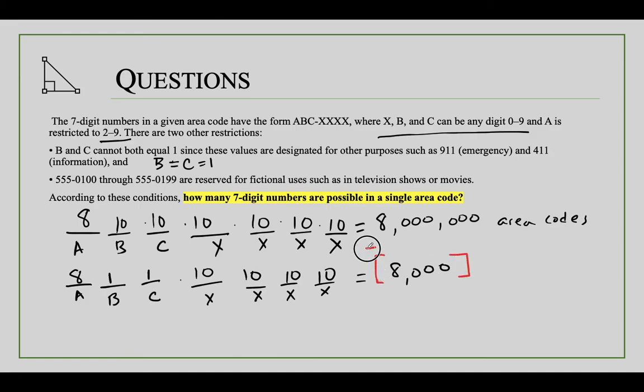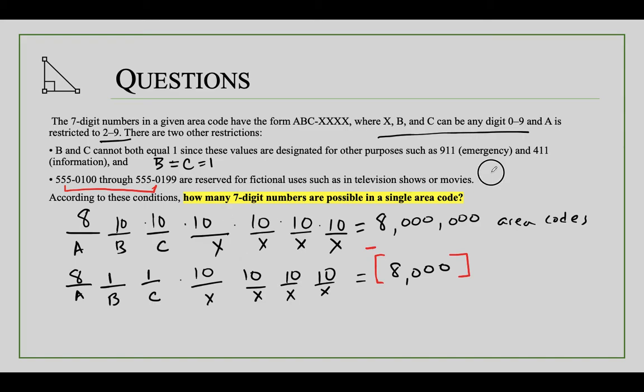Okay. And then the other one is 555-0100 through 555-0199. So I have to figure out how many numbers are between these two, I guess, upper and lower ends. So that's pretty easy because 555 is the same. All I'm doing is subtracting 199 from 100.